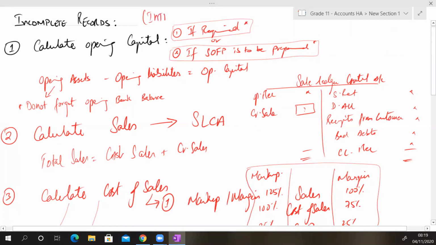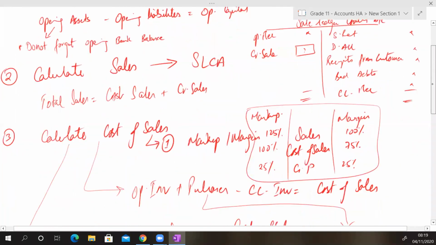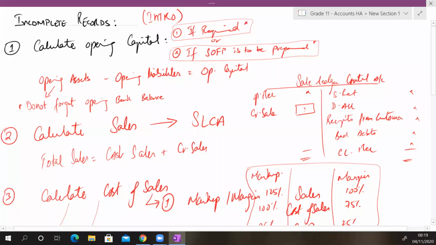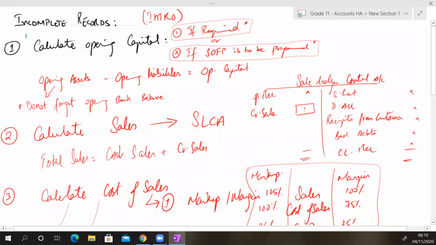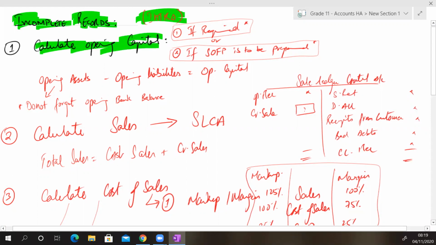I am telling you this formally only because within the question you need to grab a lot of information. So does anyone have any problem up to here? Let me repeat everything. Okay. Incomplete records is basically you are given an incomplete set of records and you will be asked to prepare an income statement or statement of financial position. The first thing you look at is calculating opening capital.